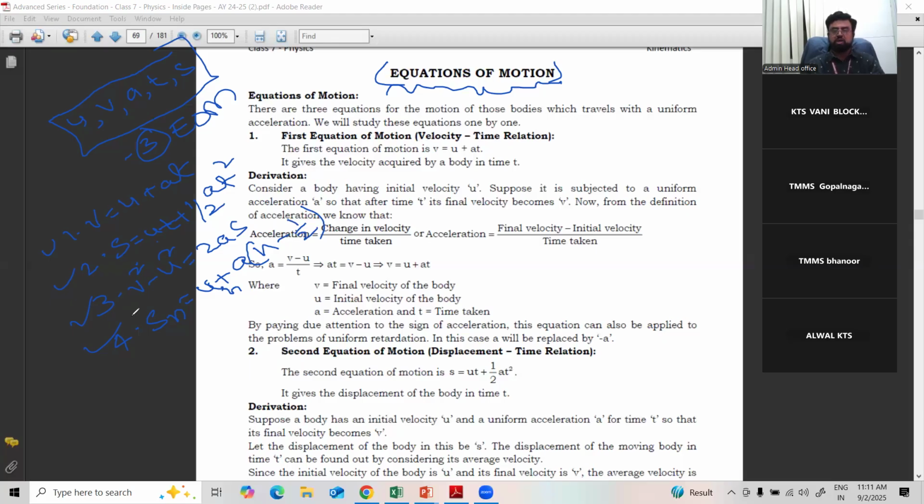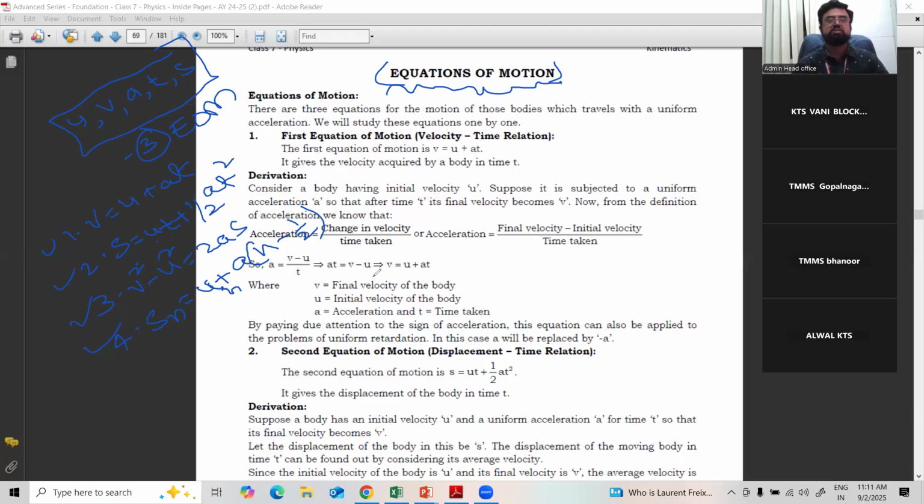So I'll explain each and every term and also how to get these equations. Right? Hope you are done.